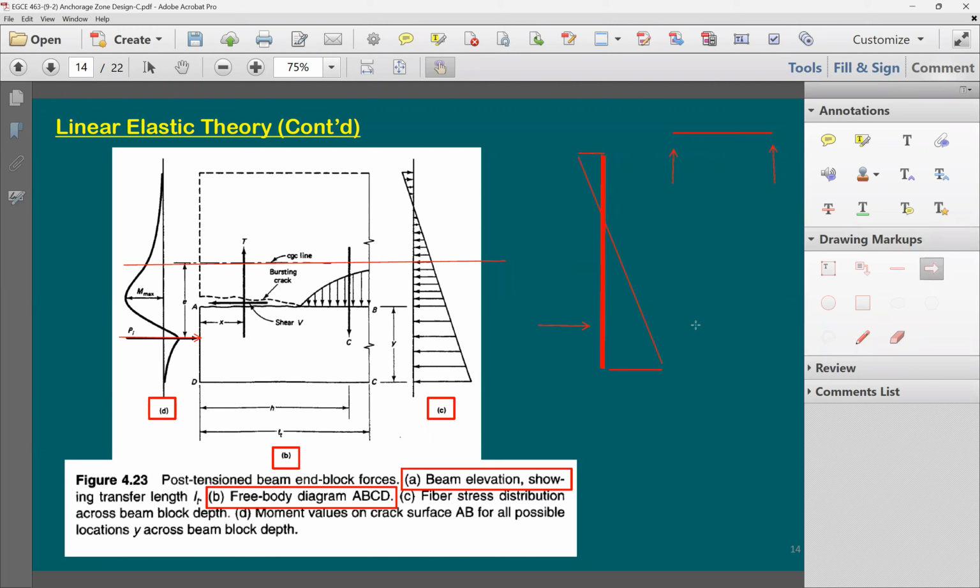I'm going to have some compression force coming this way and some tension force coming this way for the stress distribution. And if you take the three forces and add them to each other, you're going to end up with a zero force. They need to be in equilibrium.